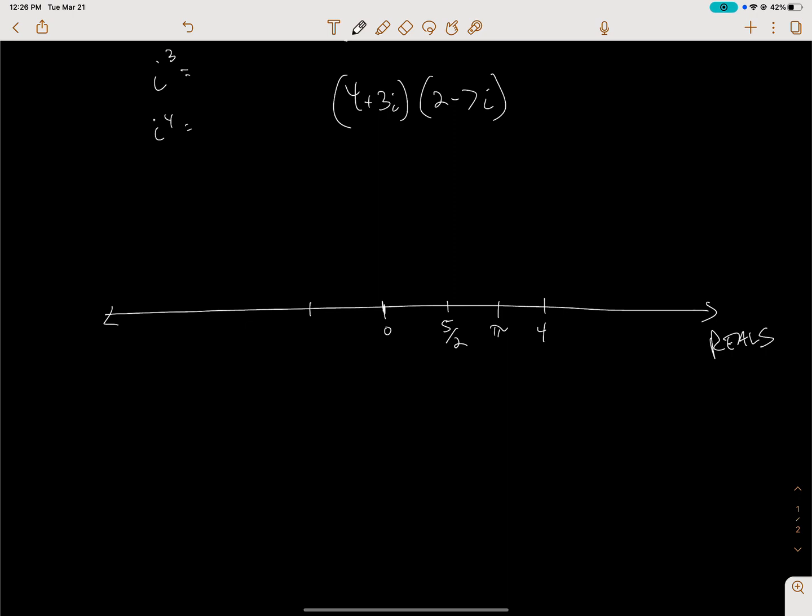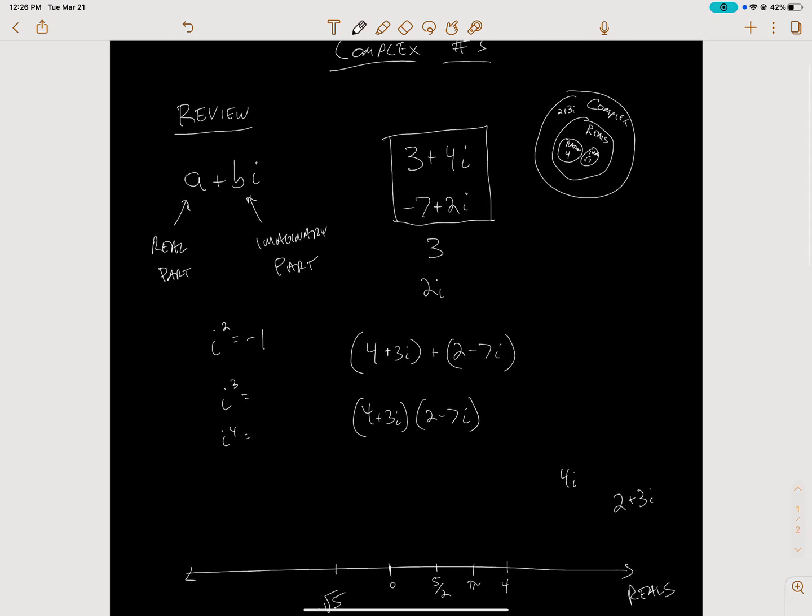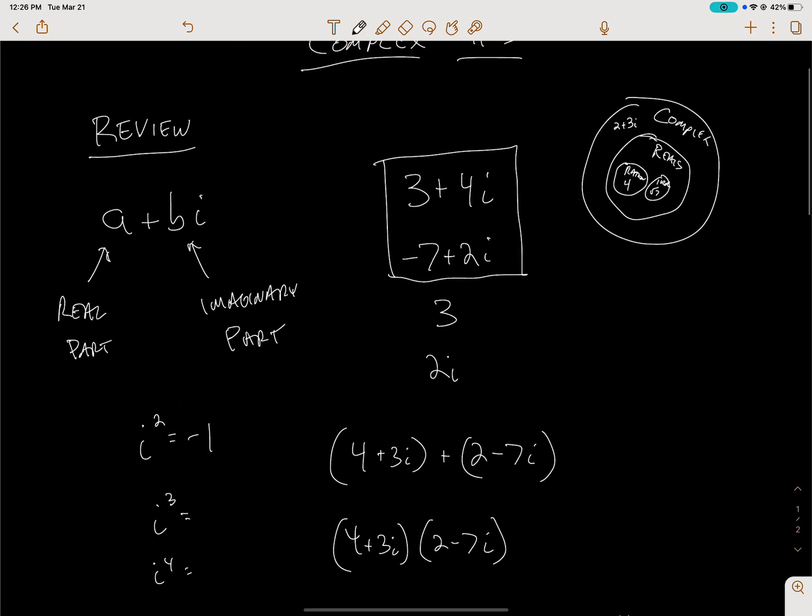We have the negative square root of 5 on there, and be clear that that's a negative. All those numbers are on this real number line. But where does 4i show up? Or even more crazily, where does 2 plus 3i show up? Well, these numbers do not exist on this real number line because that would just be the real numbers. These type of numbers are outside of the reals, okay?